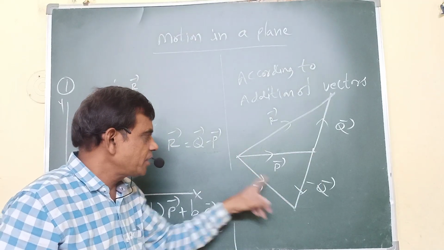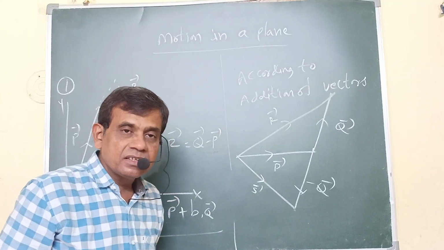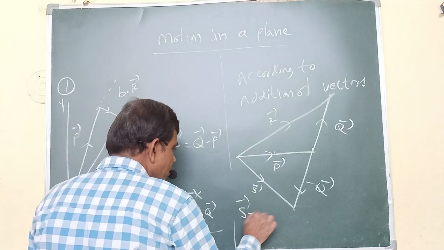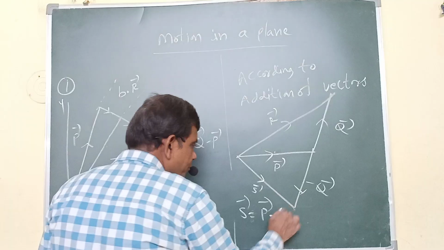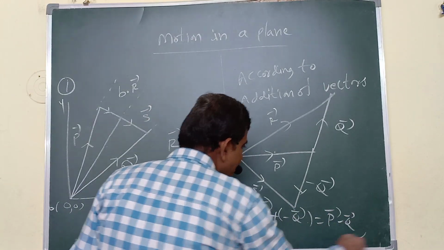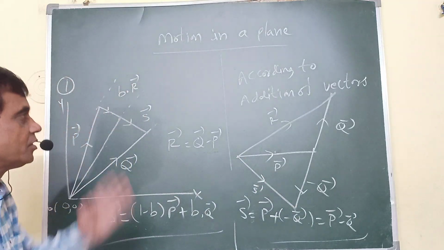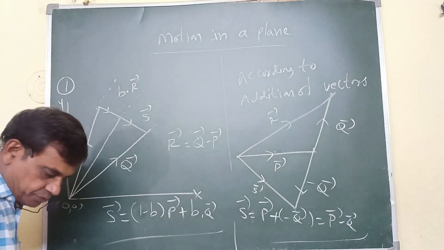Now first vector initial point, final vector terminal point, I am joining. Now we apply, then what happens? S equals P plus minus Q. That means P minus Q. This is also addition of vectors. So subtraction of vectors also belongs to addition of vectors only. So that is the addition of vector concept. This concept we are applying in this case.